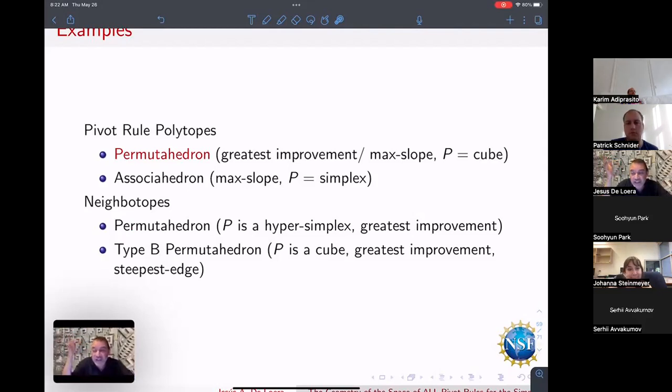The associahedron is related to binary trees, the permutahedron is related to permutations, and you have triangulations related to this. Some of these pivot rule polytopes are actually nice combinatorially. Okay, cool.